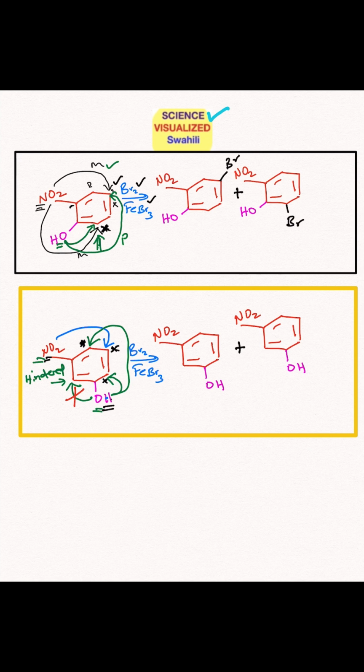We know that OH is a stronger director because it's further to the right, and therefore OH wins. And therefore you end up adding the new group, the Br, to that position that's para to the OH, and the position that's ortho to the OH.